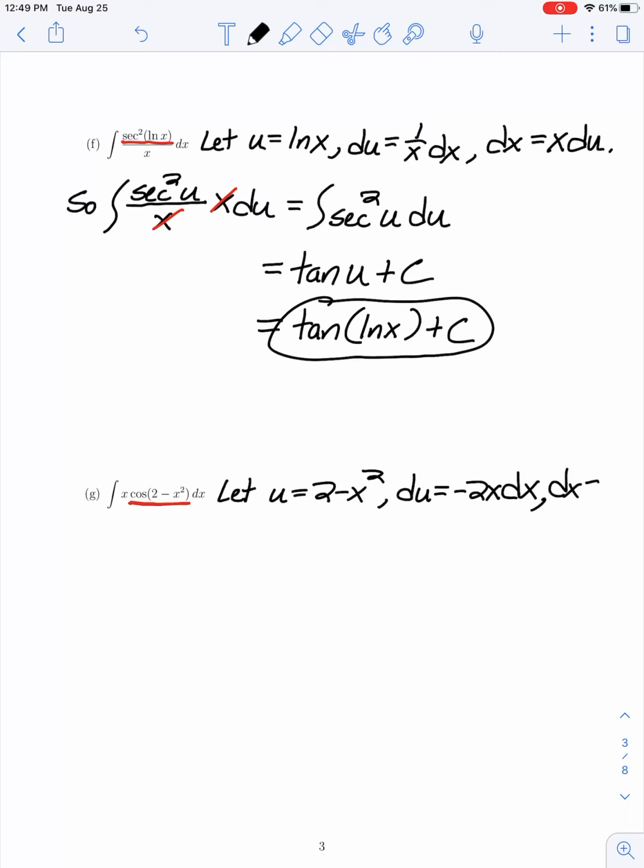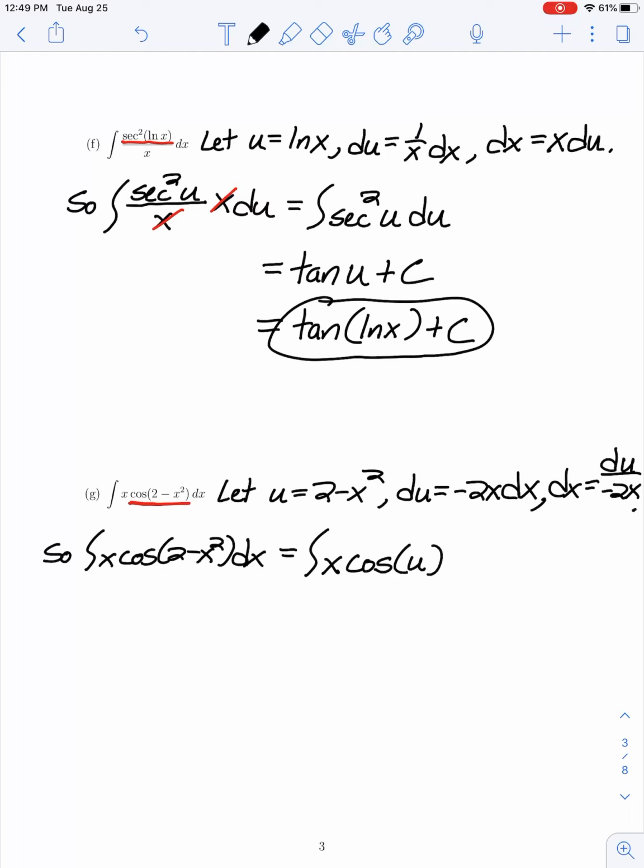And so solving for the differential of x, we could divide both sides of that equation by negative 2x, and we have dx is du over negative 2x. So let's look back at our original integral. That is x times cosine of 2 minus x squared dx. And we're going to rewrite this in terms of u. So we have the integral of x times cosine of u, is what we were calling that inner function.